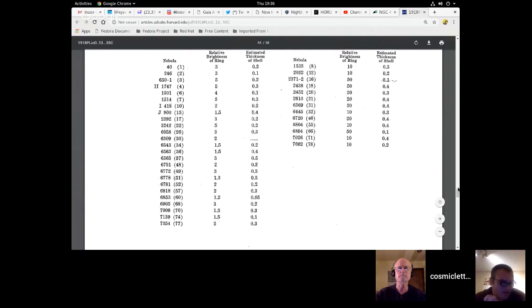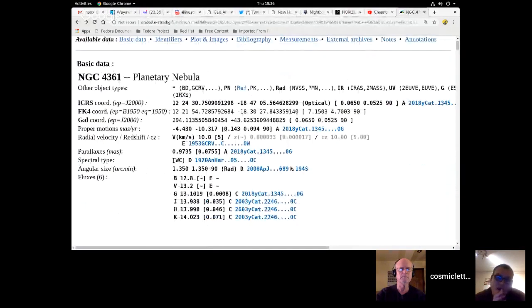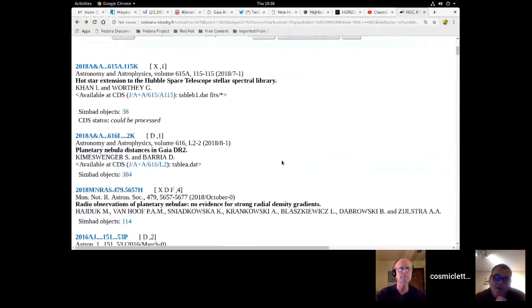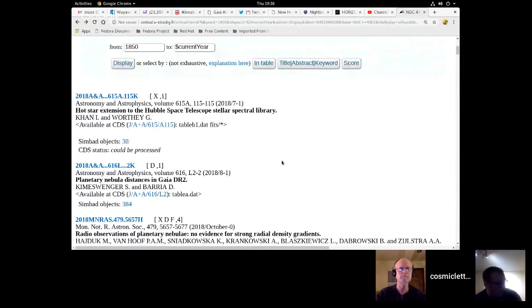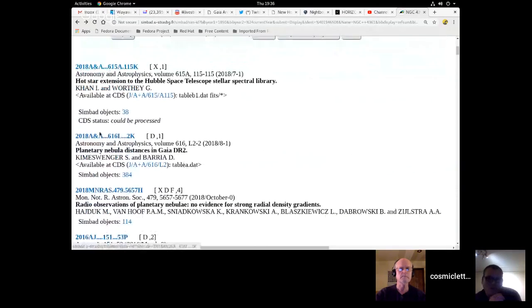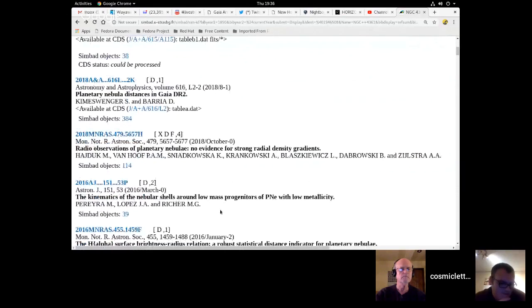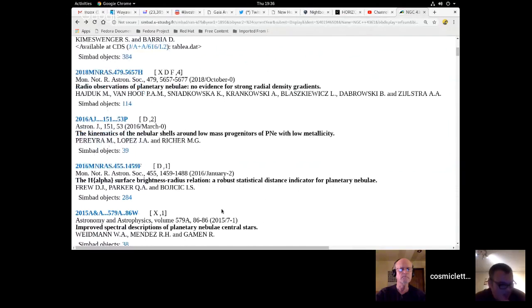Like I said, I don't think I'm going to linger on this too much, because that's a little too much effort for what I want to go through here. So let's just look at the more recent ones. It's kind of nice, they list these in chronological order. That makes it nice. But this particular object has been studied really, really well.